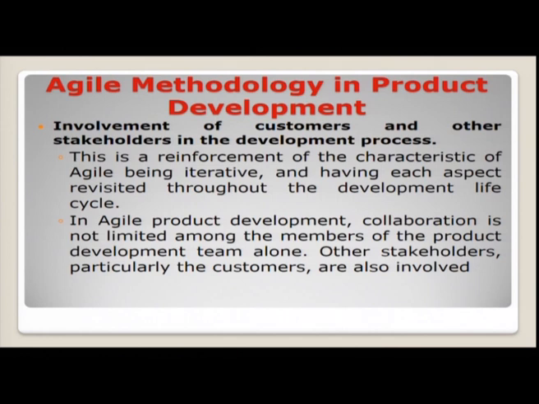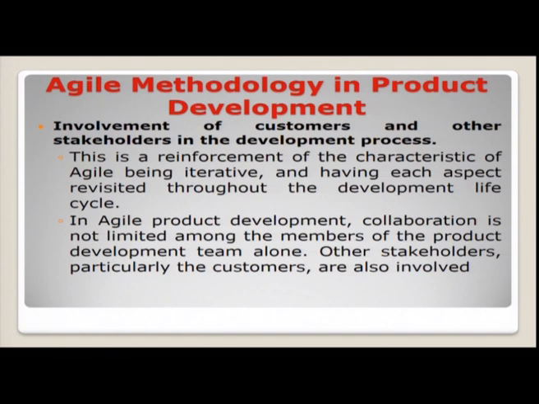In agile product development, collaboration is not limited among the members of the product development team alone. Other stakeholders, particularly the customer or usually the customer representatives, are also involved. My dear viewers, you might know the difference between a customer and a customer representative.